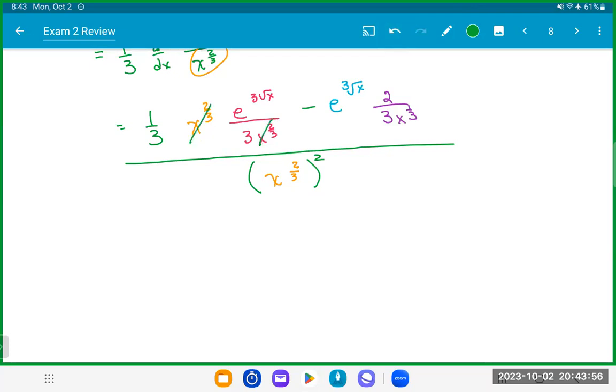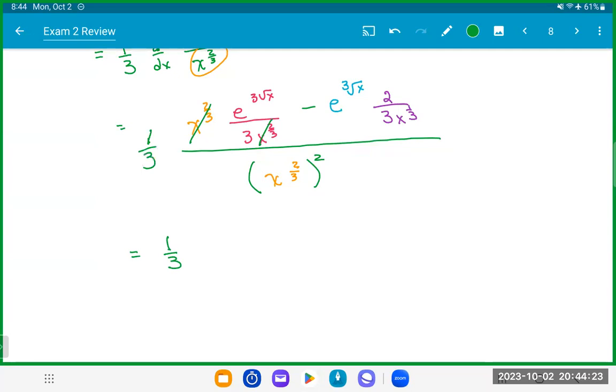Okay. And we can simplify now. So we have 1/3 times, and that 1/3 is out in front of all of this, times e to the cubed root of x over 3 minus 2 times e to the cubed root of x over 3x to the 1/3.